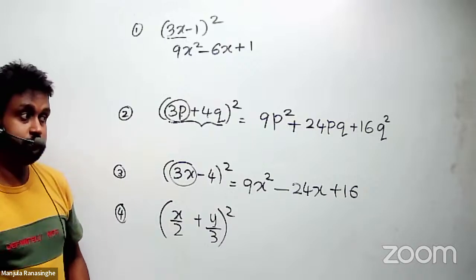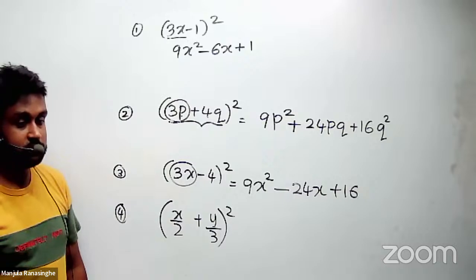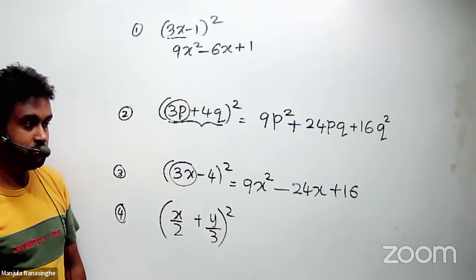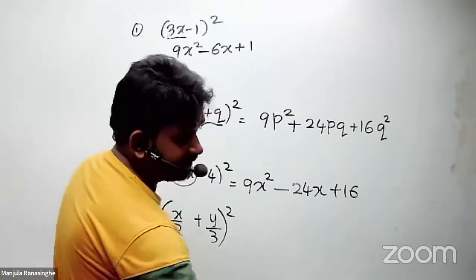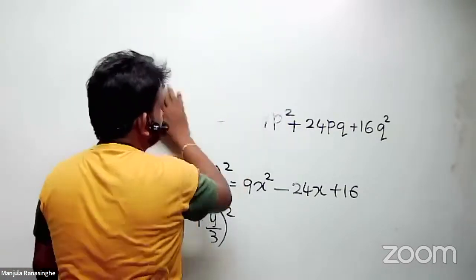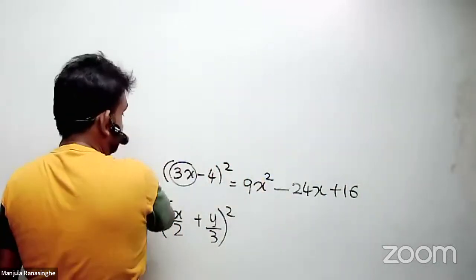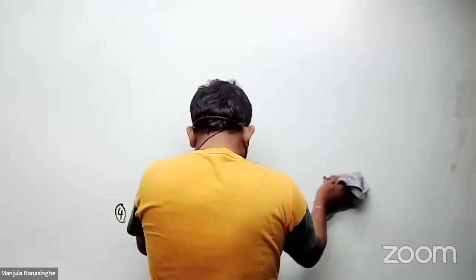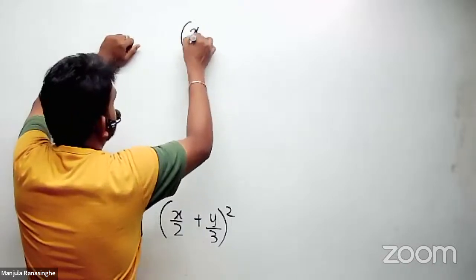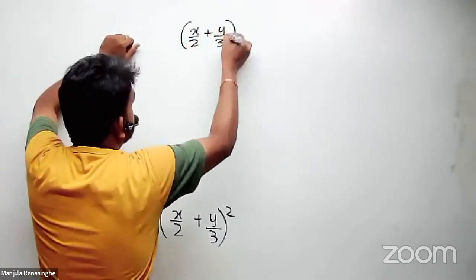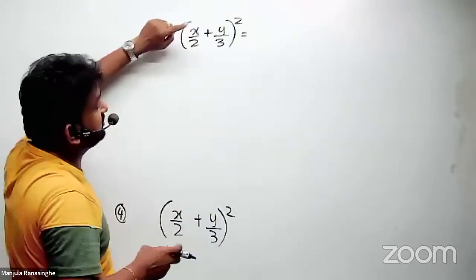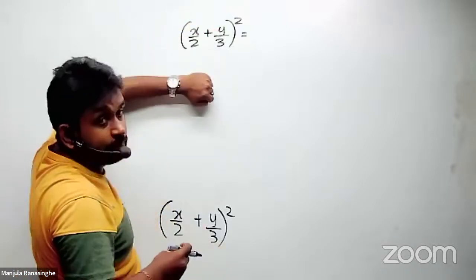Now the last term: x upon 2 plus y upon 3, total squared. So the first term is x upon 2, the second term is y upon 3.